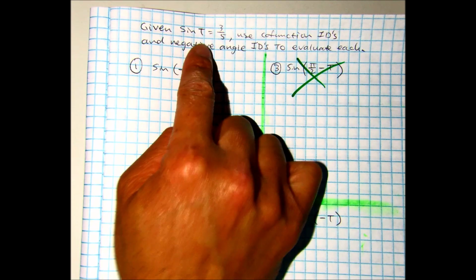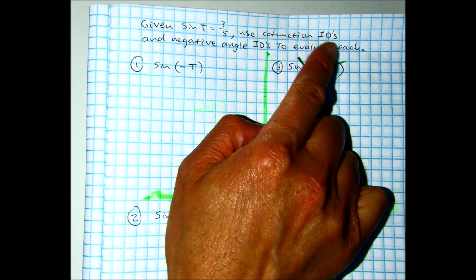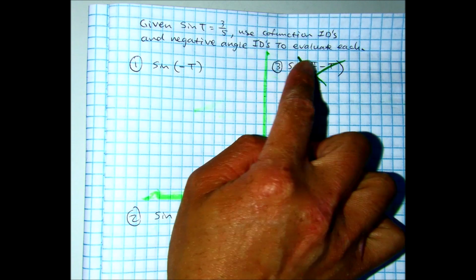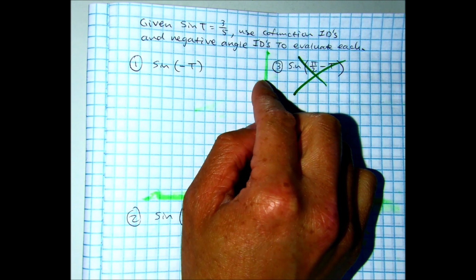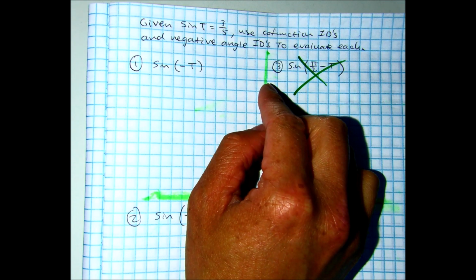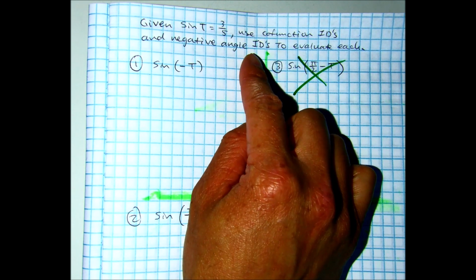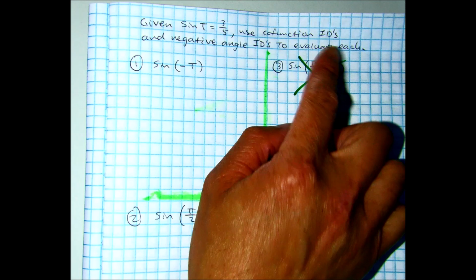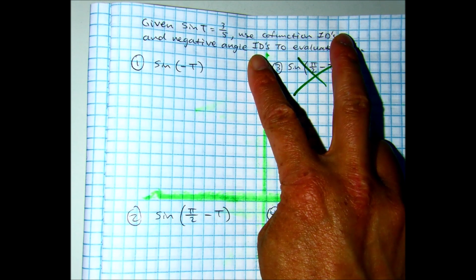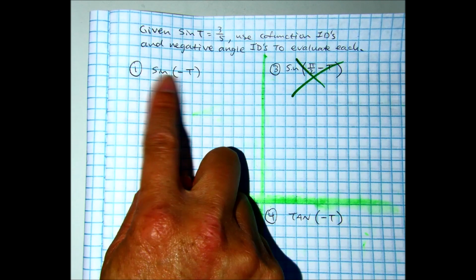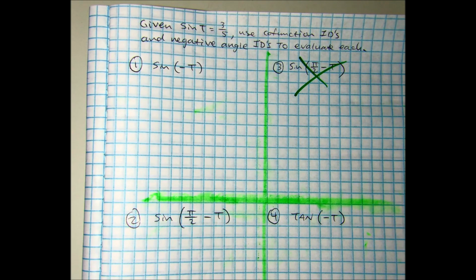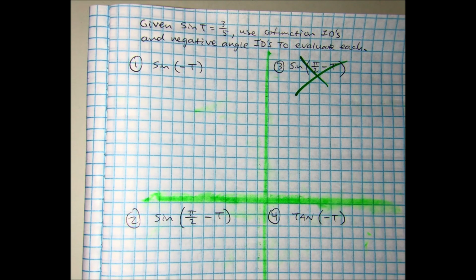Given sine of t is 3/5, use cofunction identities and negative angle identities to evaluate each. Your temptation might be to draw triangles, as that's what we did in chapters 4a, and with the unit circle, but now we're using identities to do these, which means you're just using equations or formulas. Okay? So class, what identity do I figure? The negative angle identity.